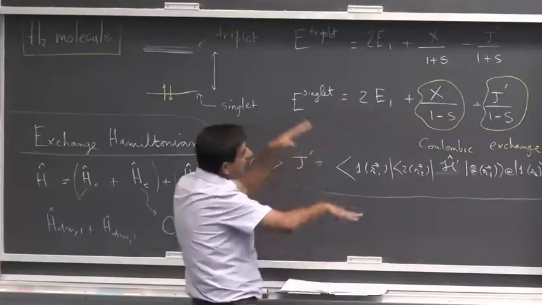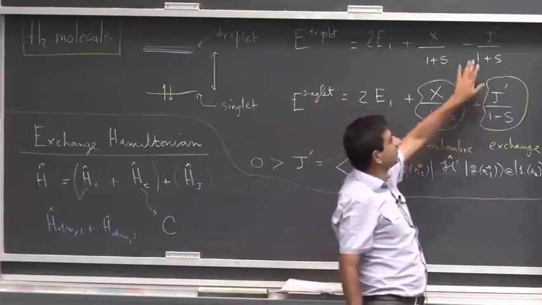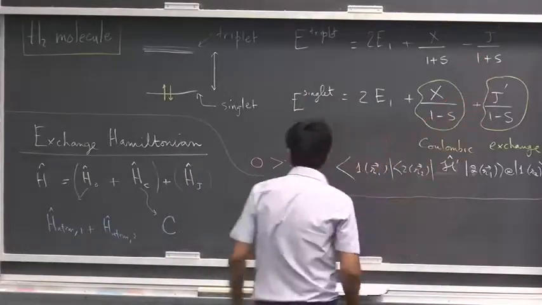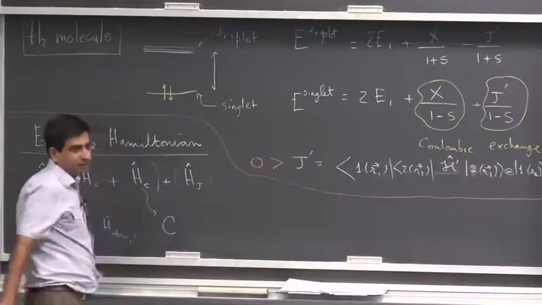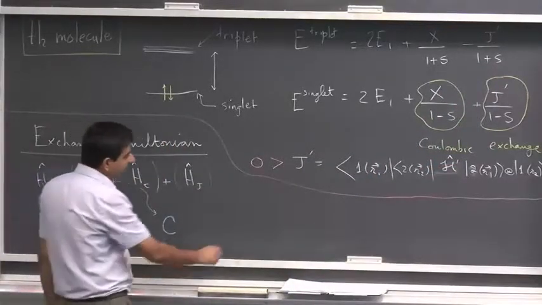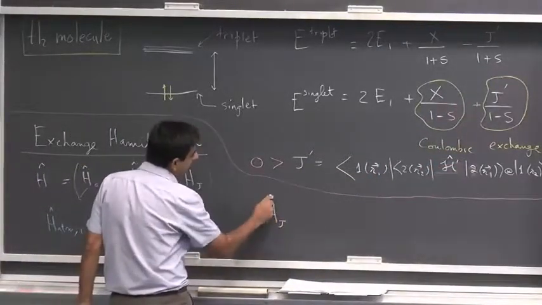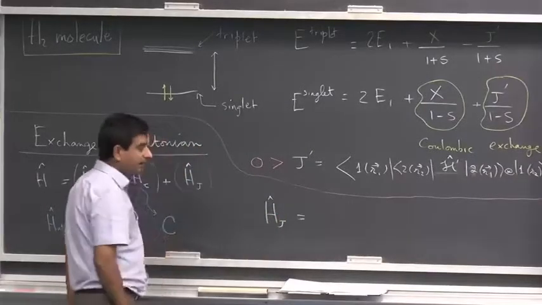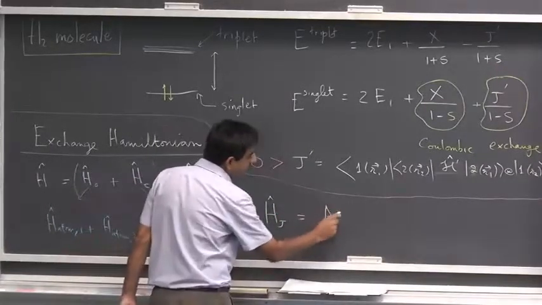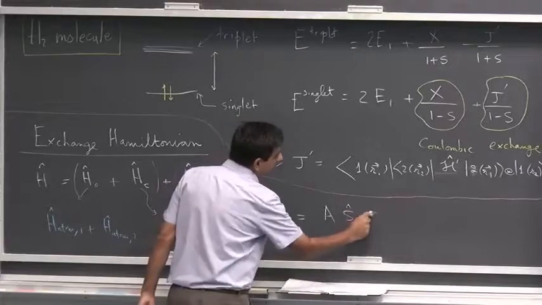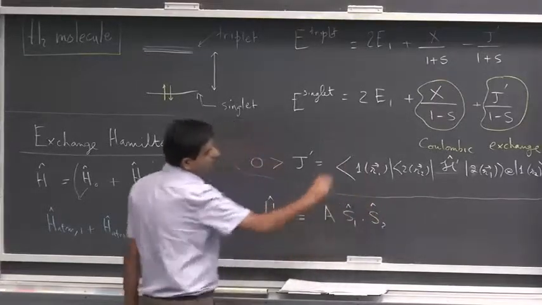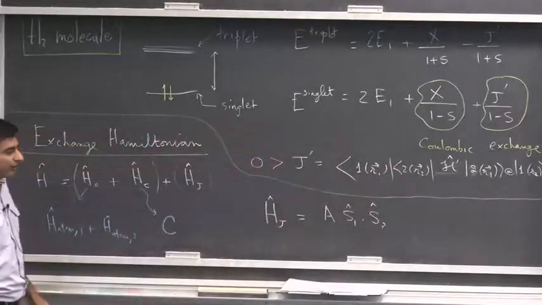And the spin-dependent splitting will be describable by the Heisenberg Hamiltonian, the exchange Hamiltonian. It was proposed that it's given by A S1 dotted with S2.